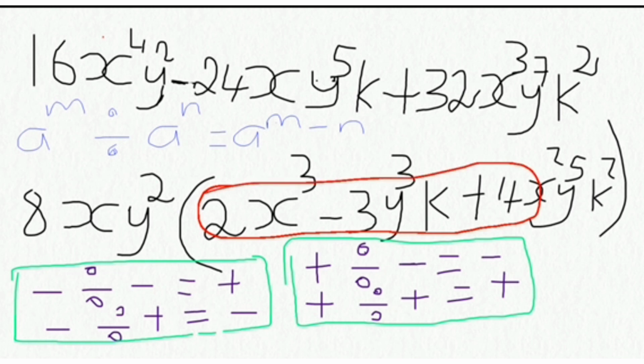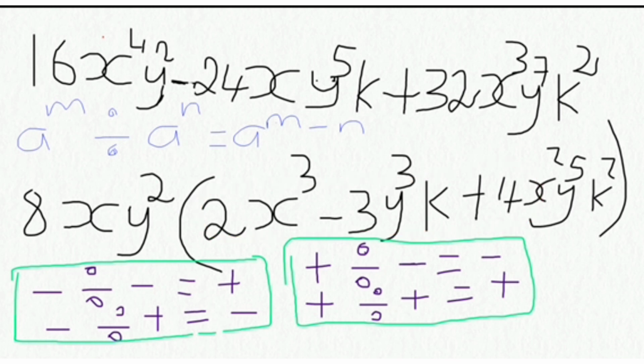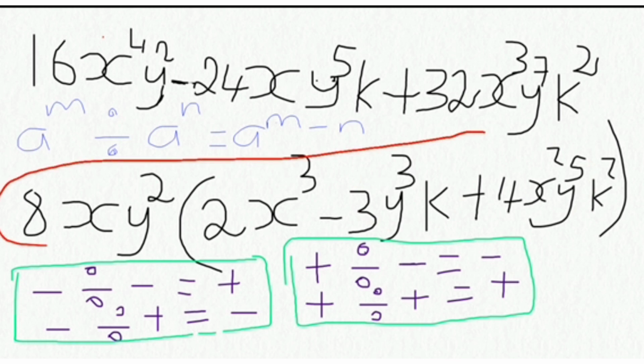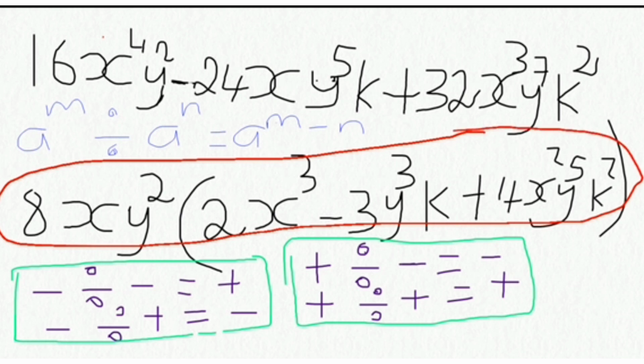What about the variables? Do we have a variable that's appearing in all the 3 terms? Let's look for x. X is here, but it's not here. What about y? Y is not here. It's only here and here. What about k? Only here and here. So the expression has been completely factorized.